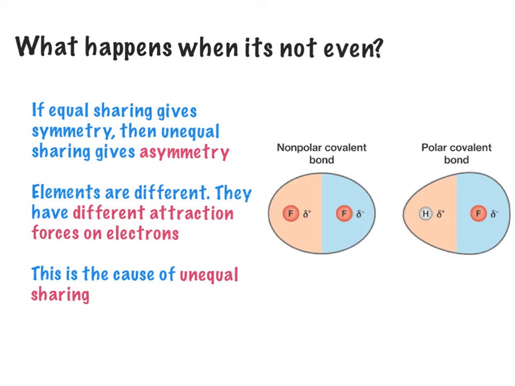We get a partial difference or an uneven sharing, and it's almost like we have an artificial one end of it becomes more electron heavy, or the electron spends more time there. So we say it's got a negative bit, a little bit negative. And if it's got less time here, then we just compare it. So we say it's, well, compared to the other end, this one's a little bit positive.